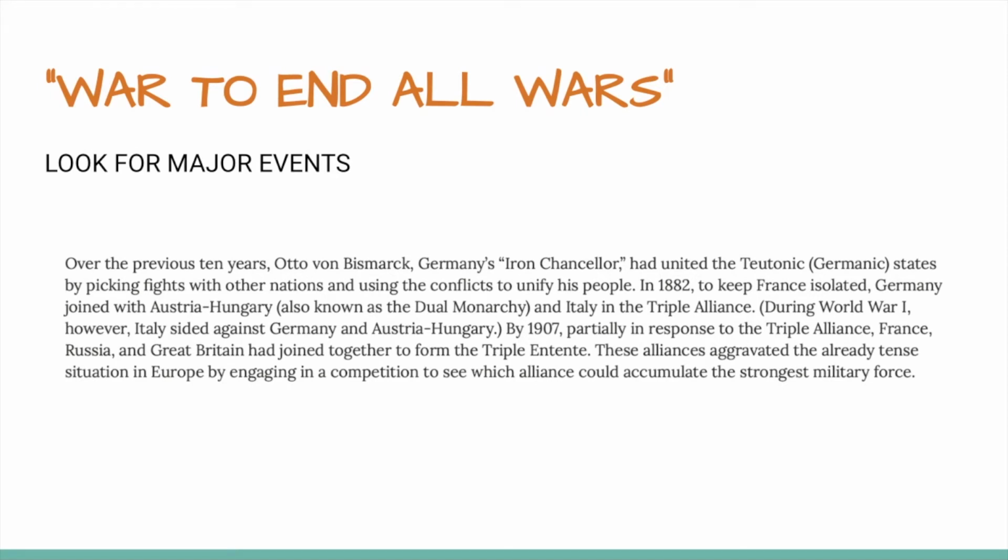Okay, so welcome back. The major event that's happening in this paragraph of the article is that the European countries are slowly preparing for war, right? They're all forming alliances. There's already a lot of tension happening, right? So the countries are preparing for war, essentially.